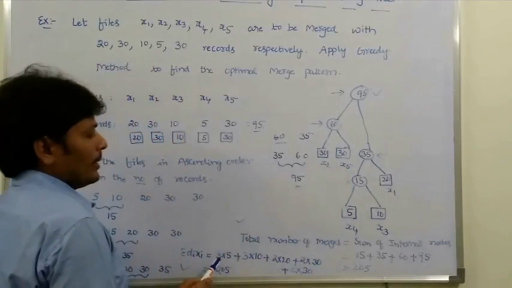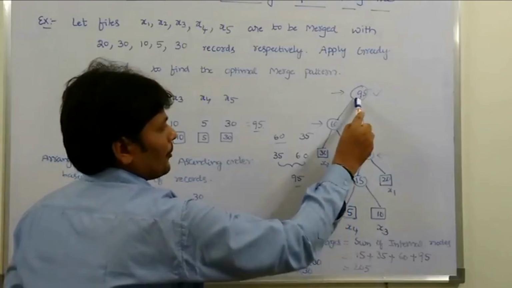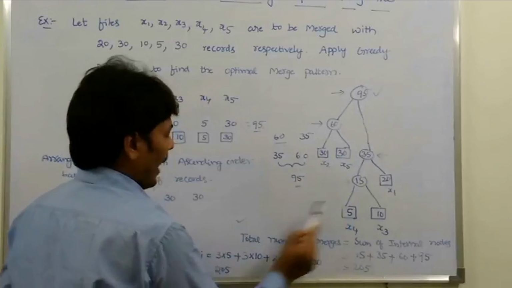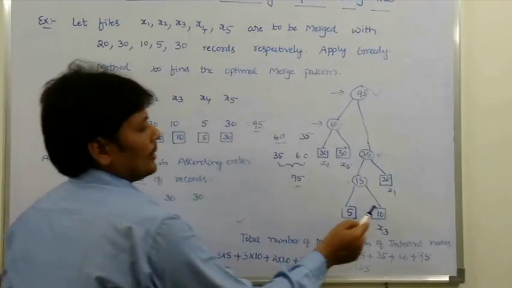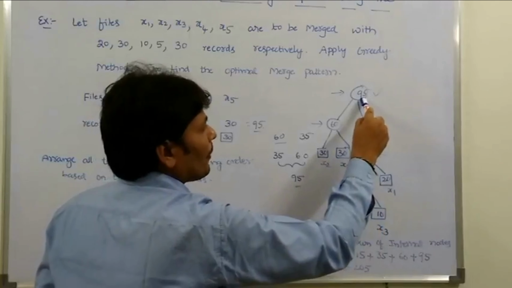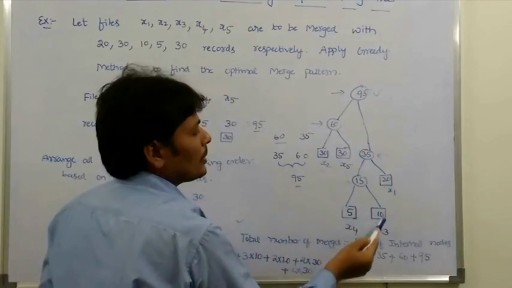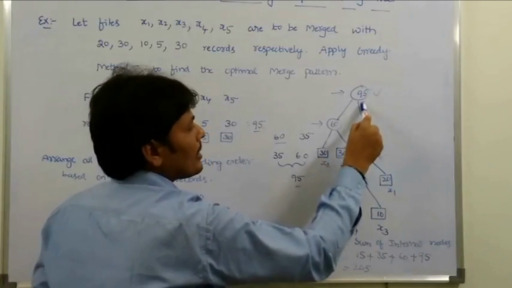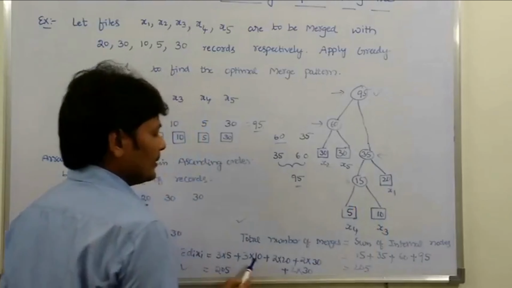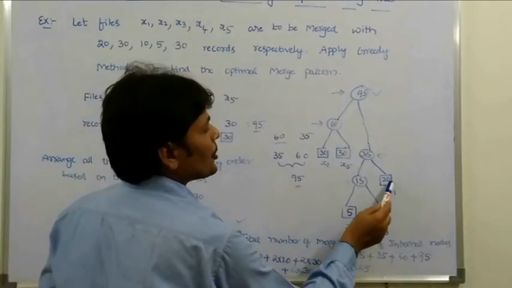In this way, 3 into 5 (first edge, second edge, third edge) plus x3, whose value is 10. From root node 95 to leaf node 10, the distance is 1, 2, 3. So 3 into 10, plus the next leaf node x1, whose value is 20.